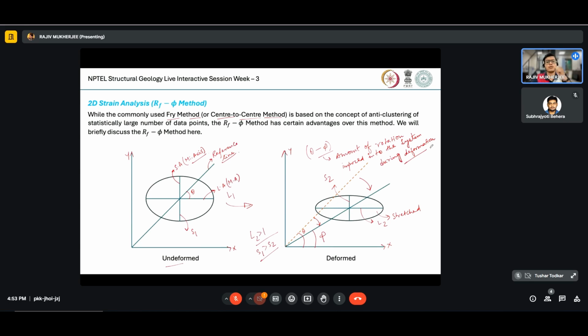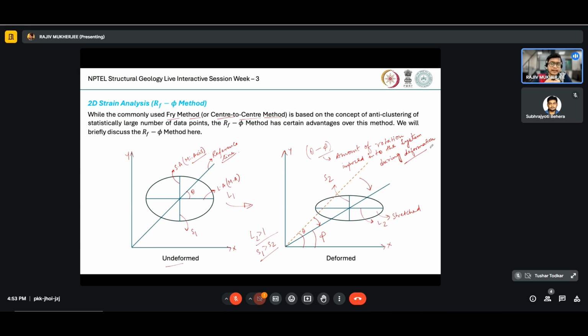So this is how we generalize the deformation feature, that is quite different from the center to center method. In the center to center method, we assume that all the markers are randomly oriented without any kind of preferred orientation, and all the shapes are circular.